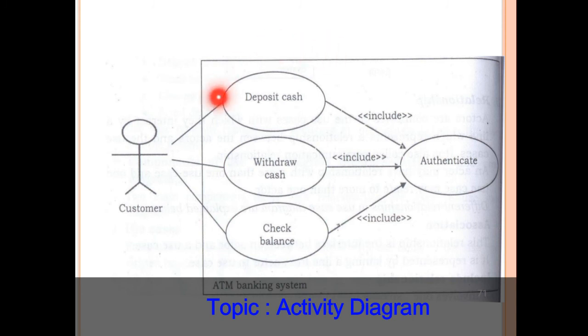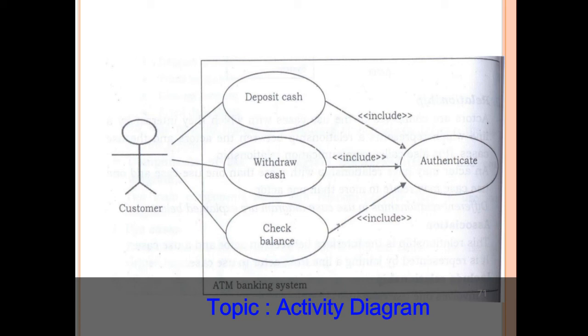All these processes are done by the customer, and this includes authentication. The communication between the customer and the ATM bank system is denoted by this type of symbol, which is known as a use case. So the customer can deposit cash, withdraw cash, check balance, and all these are included in one authentication, or we can also say an authorized person.